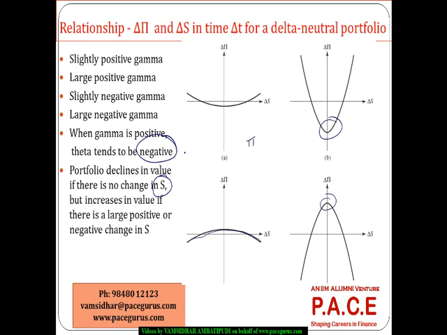So if s is not changing drastically, the portfolio value tends to be slightly negative for a long position. If the gamma is very much positive, or if s is changing drastically, the gamma is very high, which is what changes the value of the portfolio quite drastically.